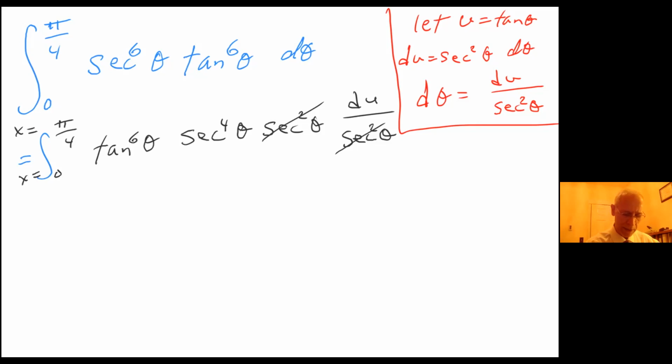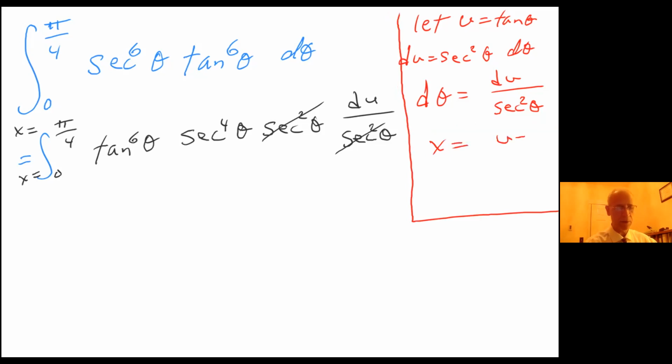When x equals 0, tangent of 0 is 0, so u equals 0. When x equals pi over 4, tangent of pi over 4, which is sine of pi over 4 over cosine of pi over 4, is 1. So u equals 1.